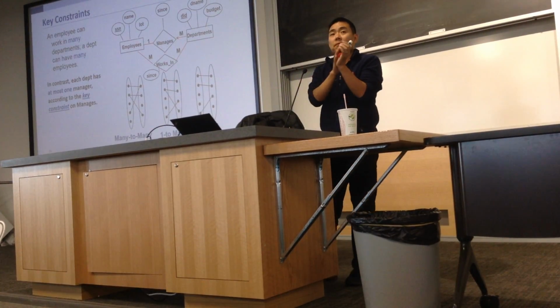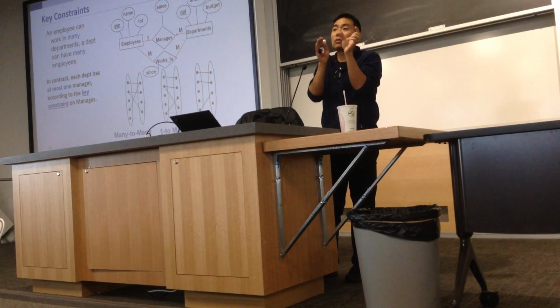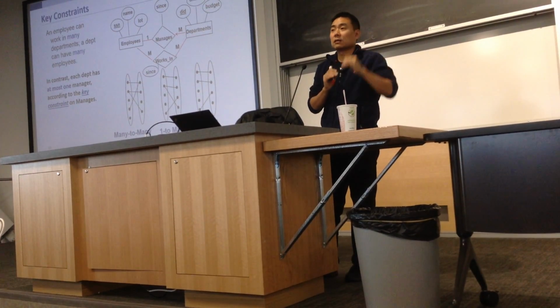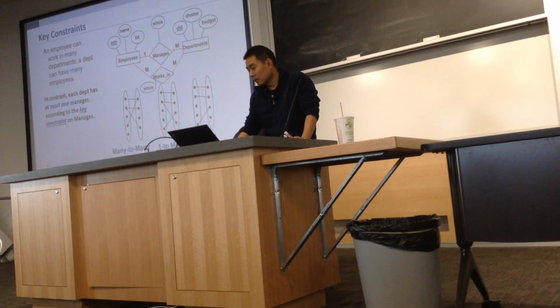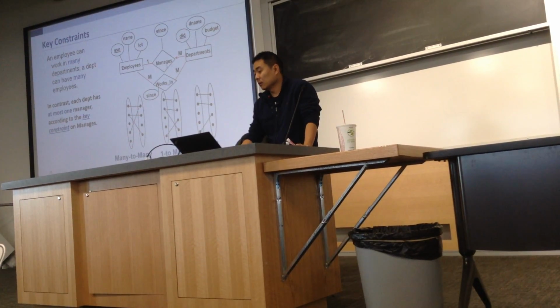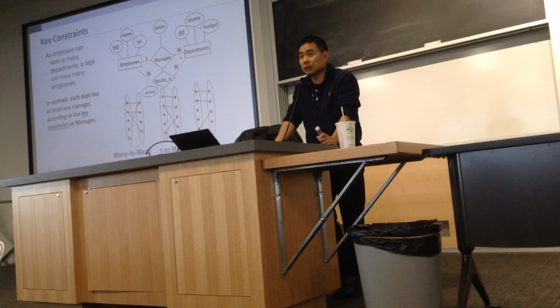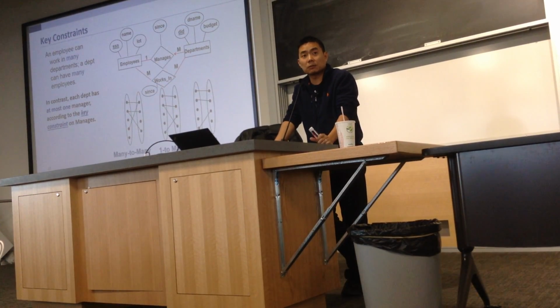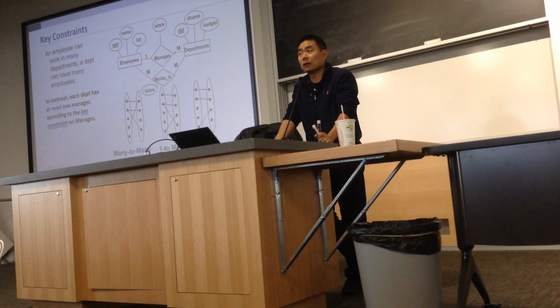On the other hand, for the entity set on the one side, you do not use any arrow. You just use a line. And that indicates a one-to-many mapping. Okay? So you have to remember this particular representation. So far so good? Okay, cool.